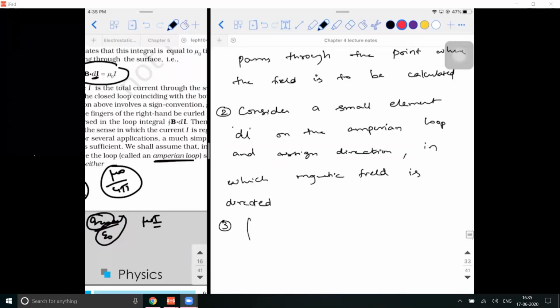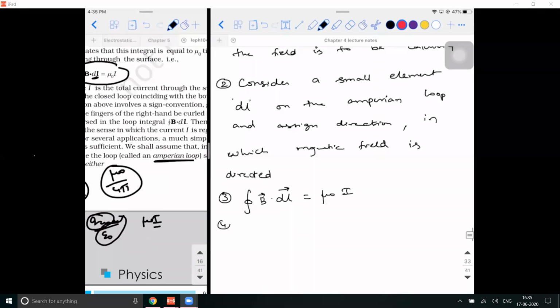The third step is to apply the closed integral of B vector dot dl vector equals mu naught into I. In most cases, in all cases, B will come out, and you will be left with only the integral of dl equals mu naught into I, because B and dl are in the same direction. Then integrate it and find the answer.